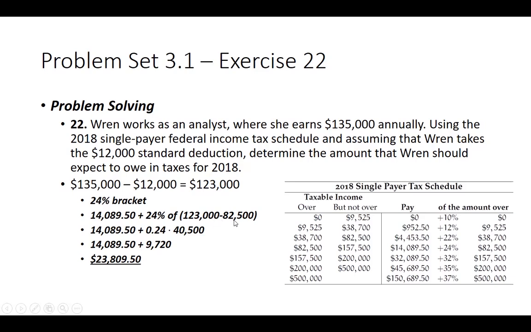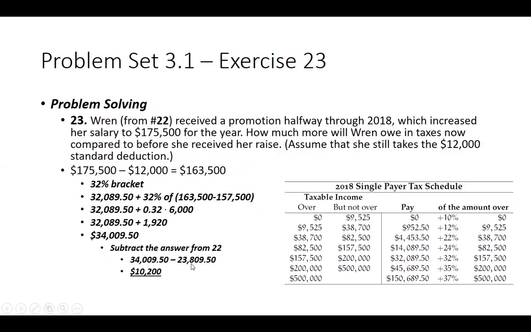To find that amount, we subtract: 123,000 minus 82,500 is 40,500. 24% of 40,500 would be 0.24 times 40,500, which calculates as 9,720. Add to that the $14,089.50, and we get $23,809.50 in taxes.